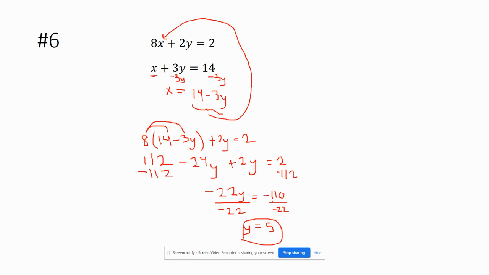Now we need to plug in 5 into either one of these equations, or this one that we solved for x. So I can say x equals 14 minus 3 times y, and I get x equals 14 minus 15. So x equals negative 1.